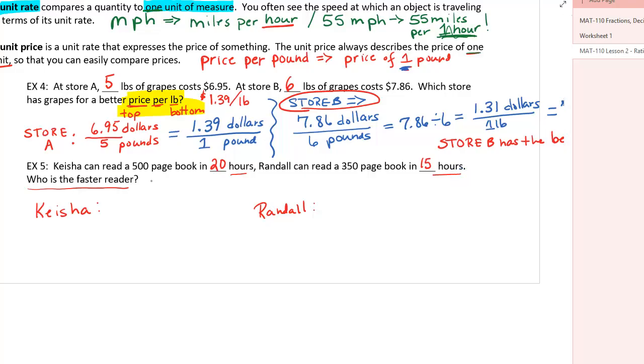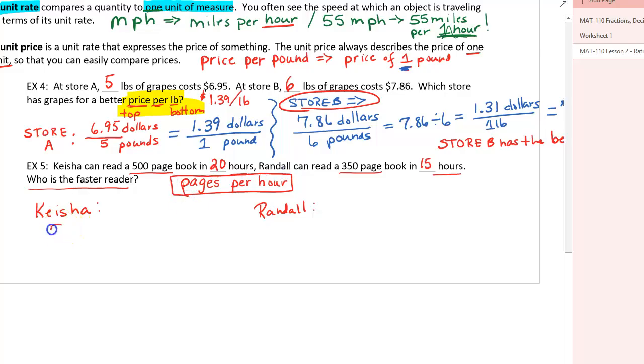And then our volume is going to be pages. We can't really say books because they're different size books. So for both of these, what we're going to figure out is how many pages they can read per 1 hour. So that's our clue.